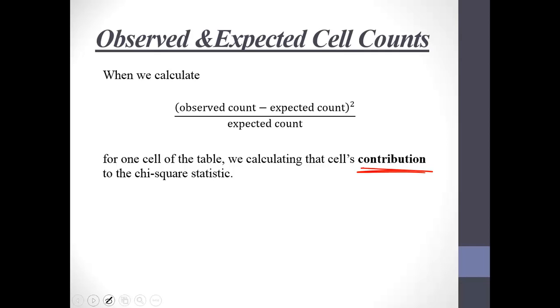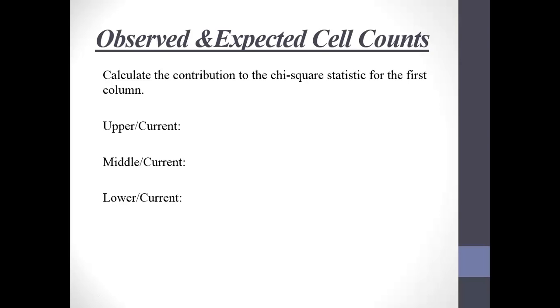Okay, so let's think about calculating a few of these. Remember, I'm taking observed minus expected, squared, over the expected. For the upper class current smokers, I observed 51 people, and I expected 68.75. I divide by the expected, 68.75.